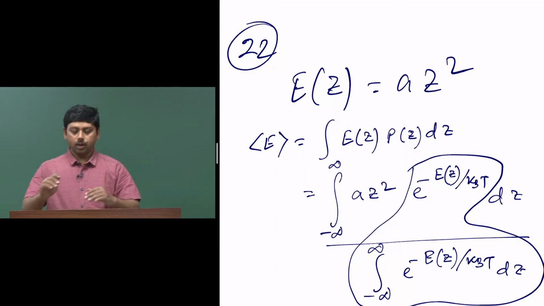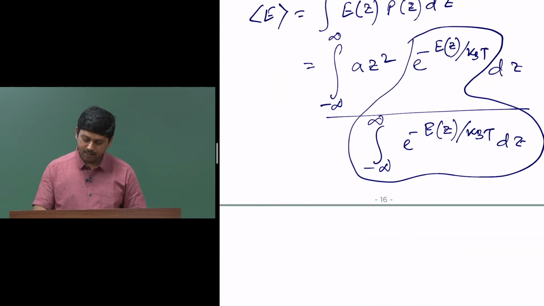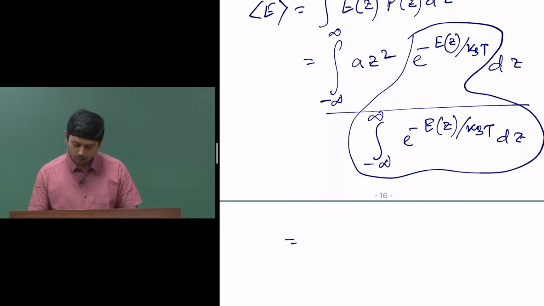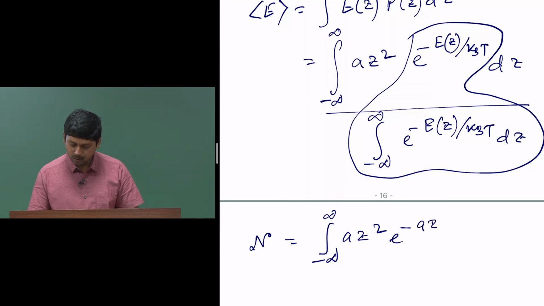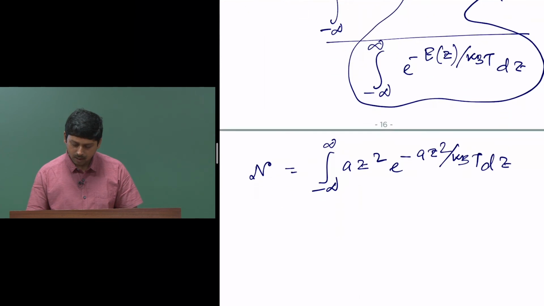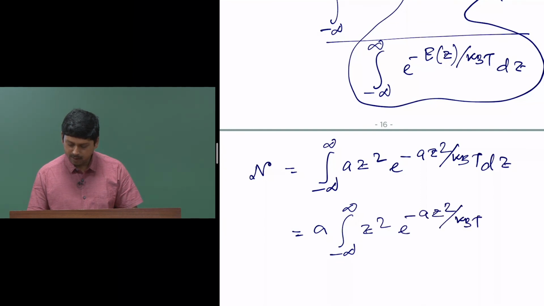Okay. So now we have in place the formula of the equation. Let us write down the numerator and denominator. The numerator is the integral from minus infinity to plus infinity of a z square e to the power minus a z square by kBT dz. Take a out, it is z square e to the power minus a z square by kBT dz.